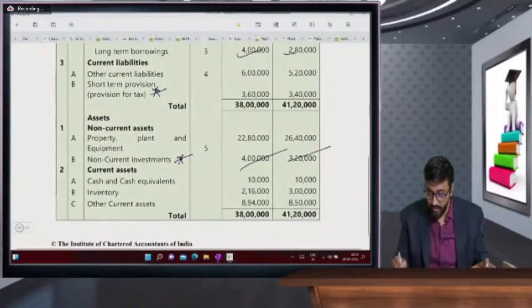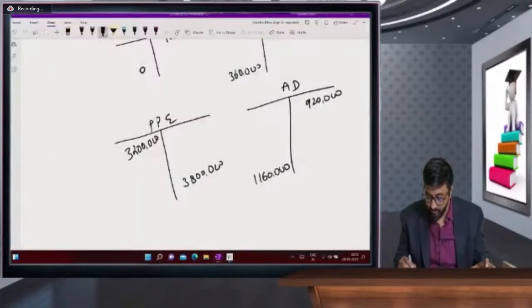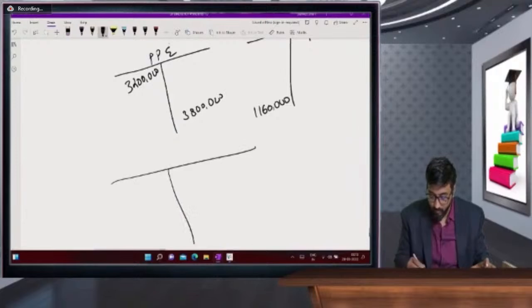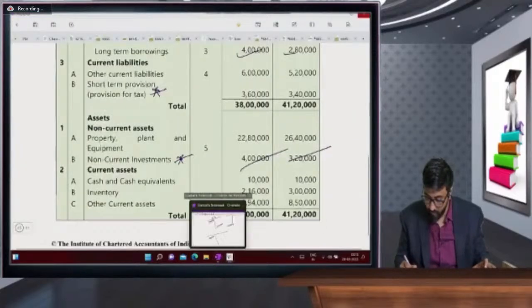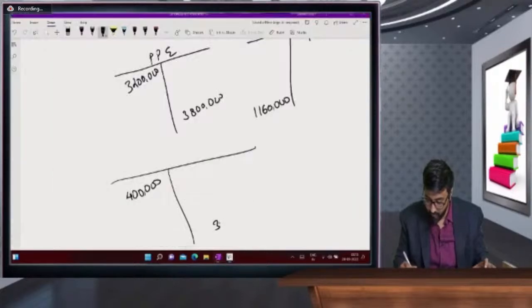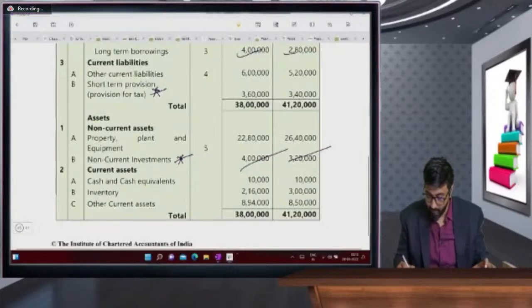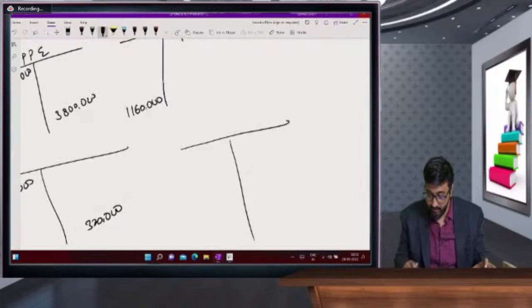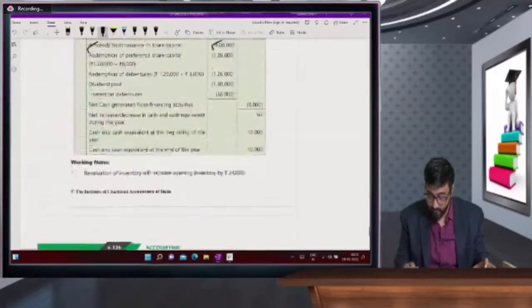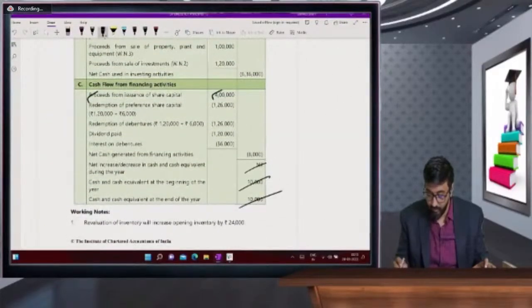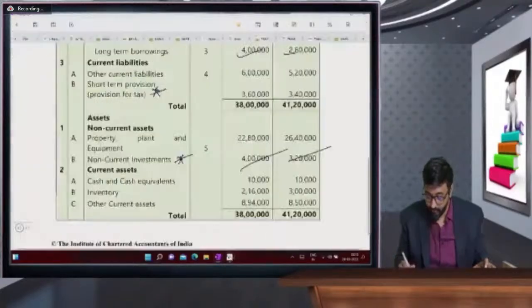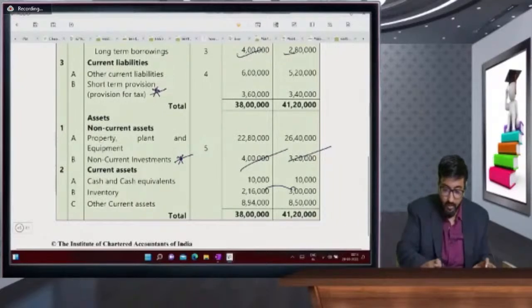Investment account 4 lakhs and 3,20,000. Cash and cash equivalent is 0 beta. Inventory 2 to 3 lakhs. 300 minus 216.